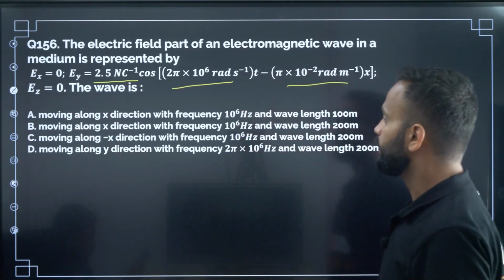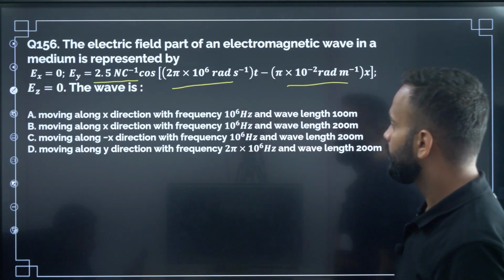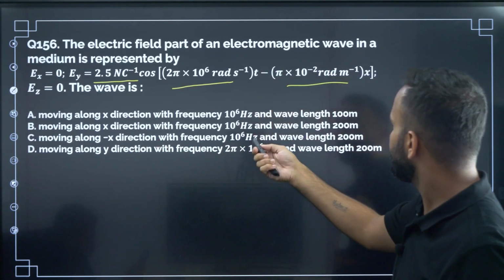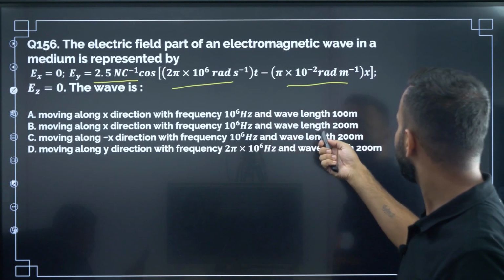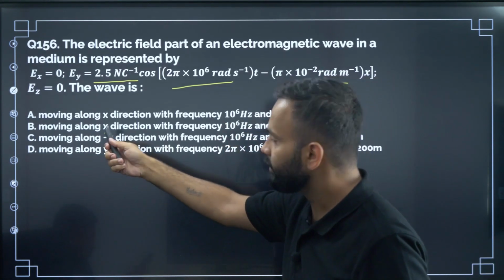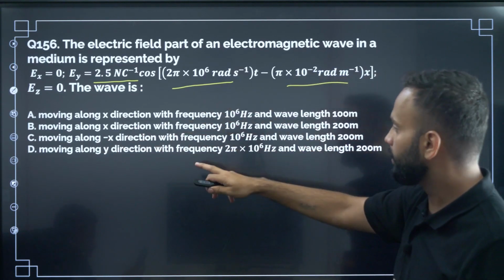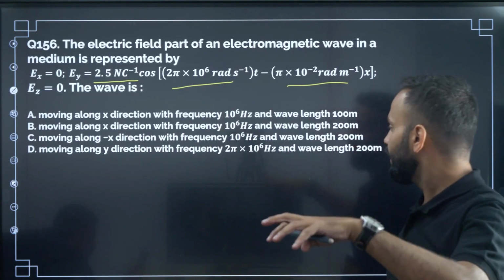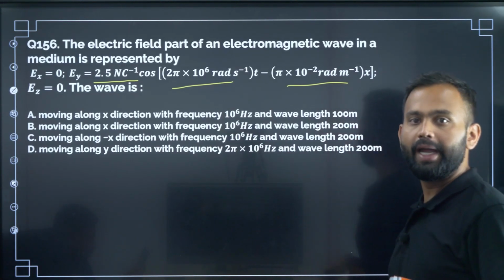The wave is, here in option they said moving along x direction with frequency 10 to the power 6 hertz and wavelength 100 meter. Okay, frequency and wavelength is given, right? And the direction of the propagation of the wave is also given. We need to identify in which direction wave is propagating and the frequency and the wavelength of the wave.